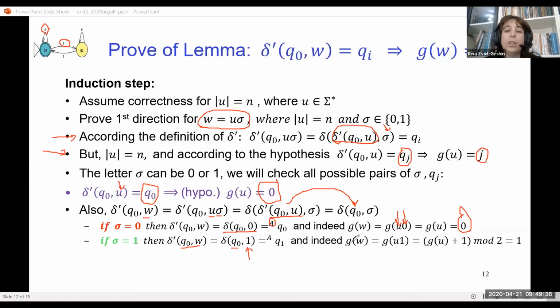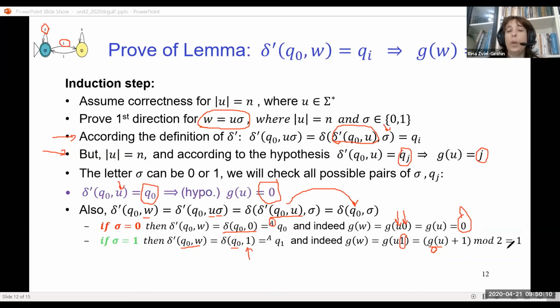Why? G of W equals G of U with additional letter 1, prefix U with additional letter 1. G of U had an even number of ones, so G of U is 0. We added an additional 1, this sigma. 0 plus 1 modulo 2 equals 1.